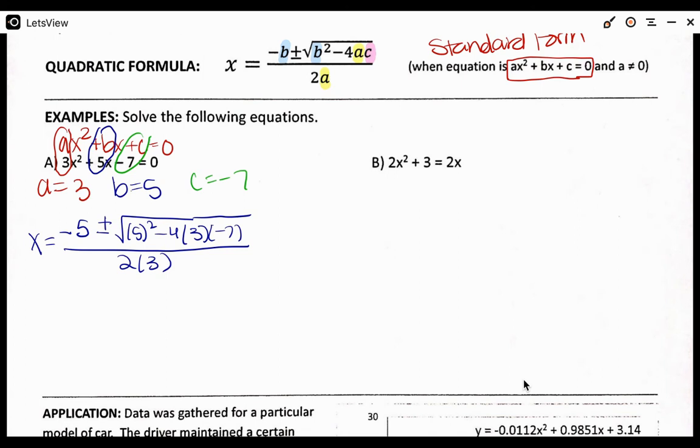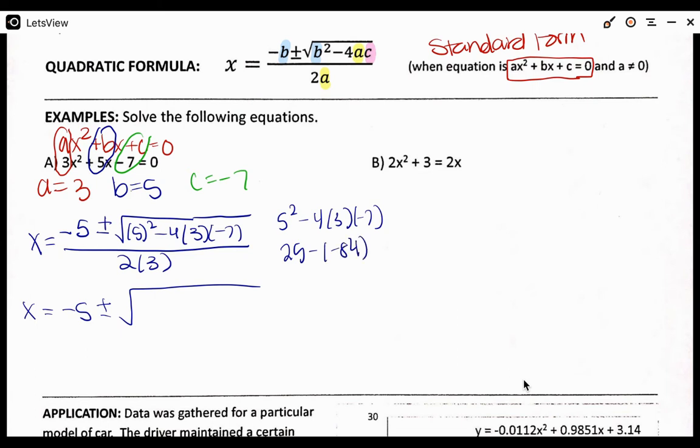Now let's do some solving. So first, let's focus on inside of our radical. Inside we have 5 squared minus 4 times 3 times -7. Well, in our calculator we get 25 minus 4 times 3 times -7, minus a -84.